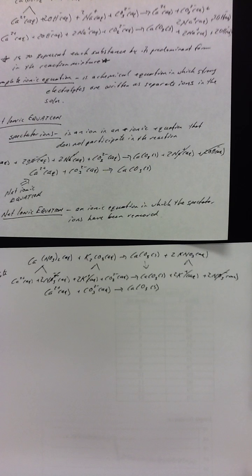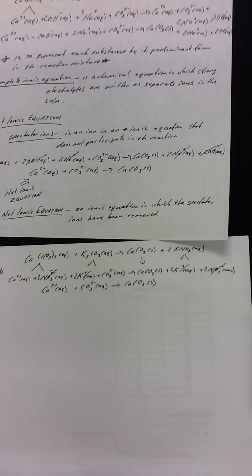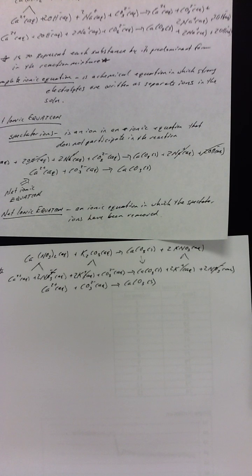So note that the net ionic equation is identical to the one obtained from the reaction of calcium hydroxide and sodium carbonate. The essential reaction is the same whether you mix solutions of calcium hydroxide and sodium carbonate or solutions of calcium nitrate and potassium carbonate. The value of the net ionic equation is its generality.